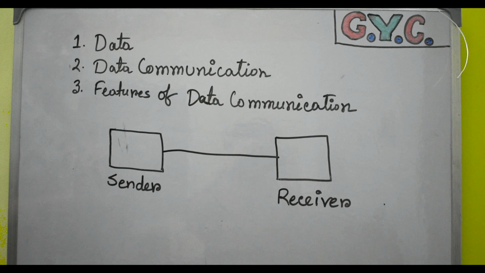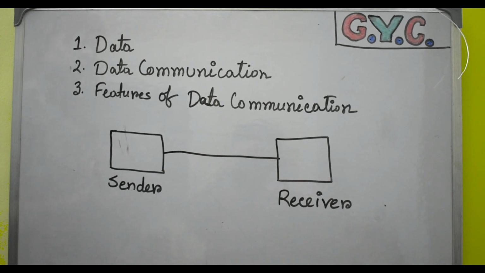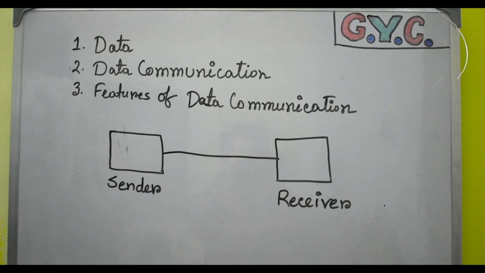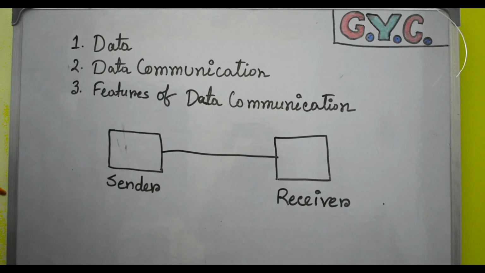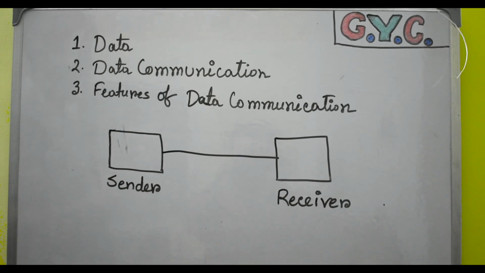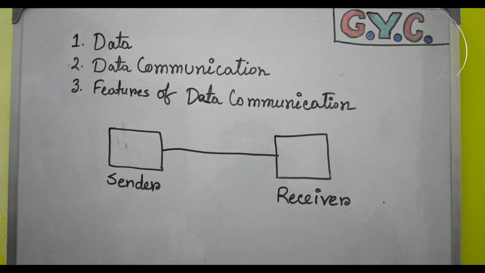Data can be a message, data can be any value, data can be any concept, as well as data can be any instruction. Everything which has some meaningful value we will call data.